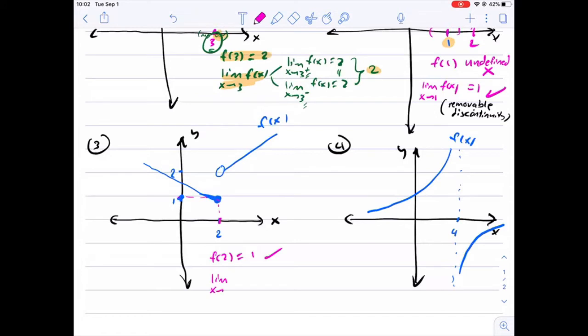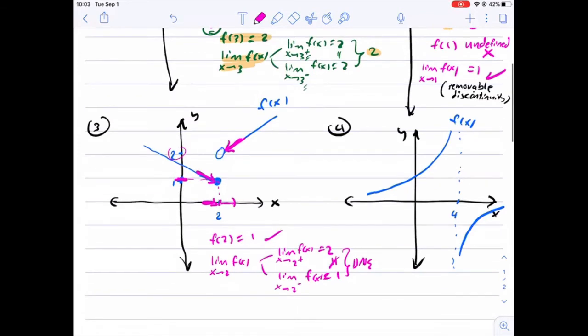What about the limit as x goes to 2? Here we need to study the limit from the right and from the left. When x goes to 2 from the right, I mean here, what happens to the value of the function? It approaches 2. What about the limit from the left? x goes to 2 from the left. From the left, the value of the function approaches 1, and those are not equal, so the limit does not exist.